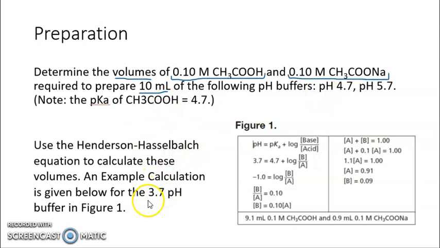And it gives you the example of 3.7, and then it asks you to do 4.7 and 5.7.